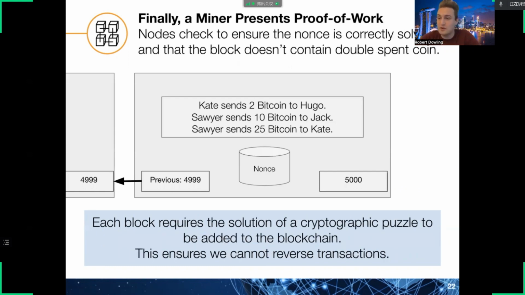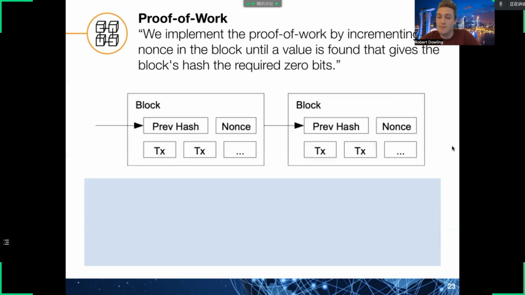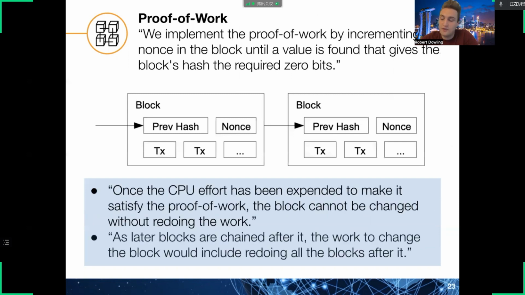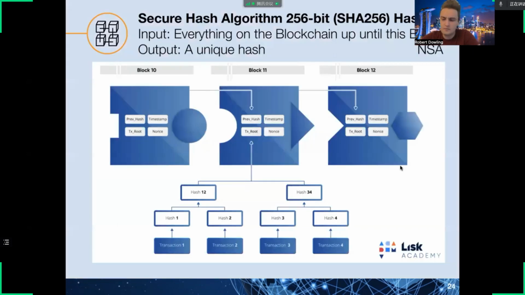It checks to make sure that none of those transactions have been spent in previous blocks or have been double spent by the people doing the transactions. And then it presents the block to all of the other miners. This process is called proof of work.